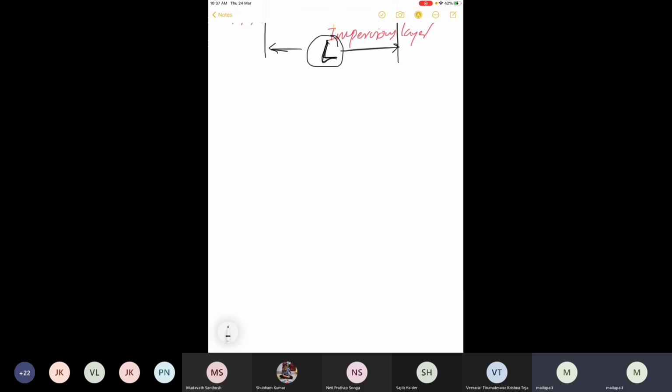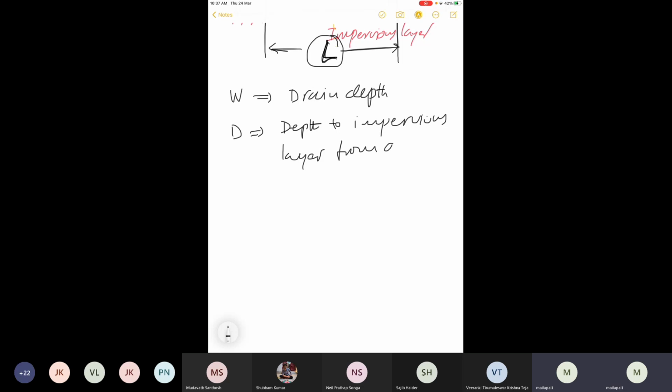Okay, so I will also write down here so that it will be easier to remember. Capital W is the drainage depth or drain depth. Capital D is the depth to impervious layer from drain base.